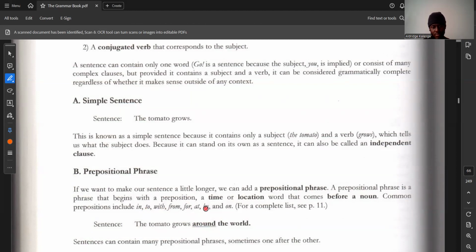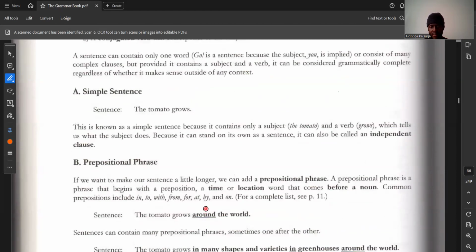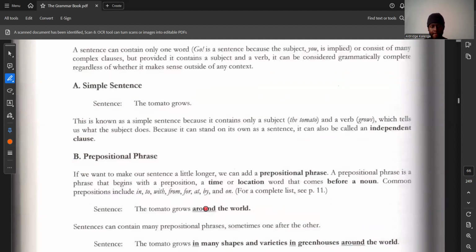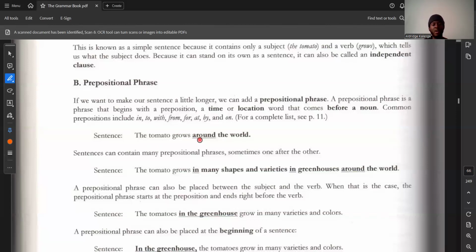Let's see this example. Usually it comes before a noun. So you have around: the tomato grows around the world. And we can have more prepositions like in: the tomato grows in many shapes and varieties in greenhouses around the world.